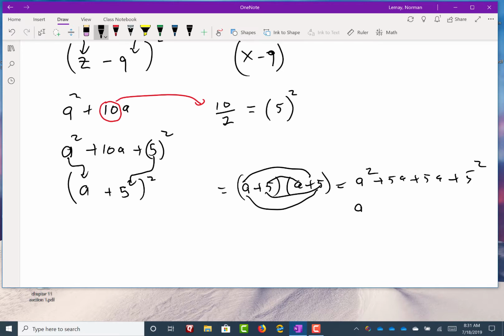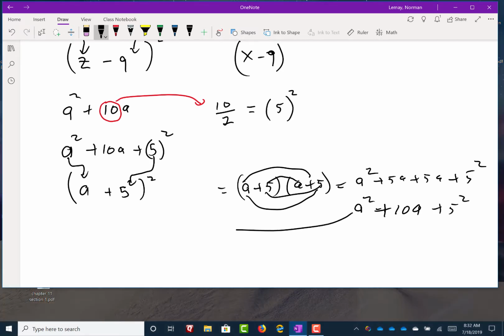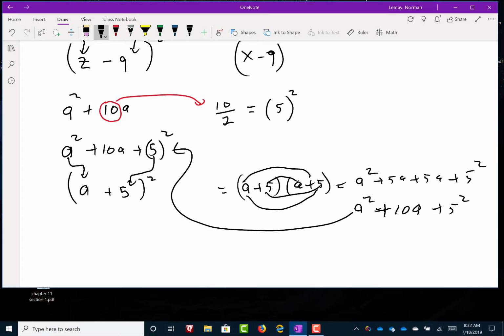So note we get a squared plus 10a plus, and note we get the 5 squared, and that is exactly what we have right there. Okay.